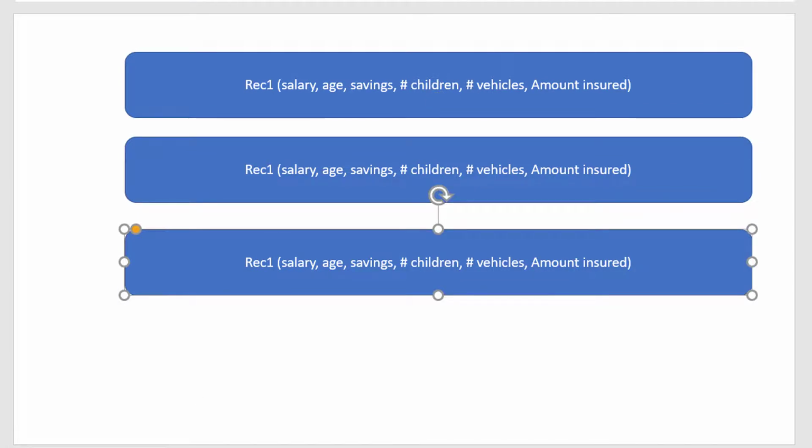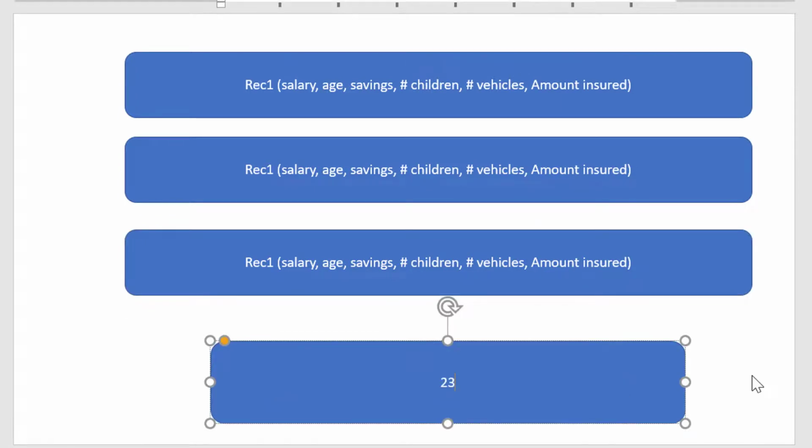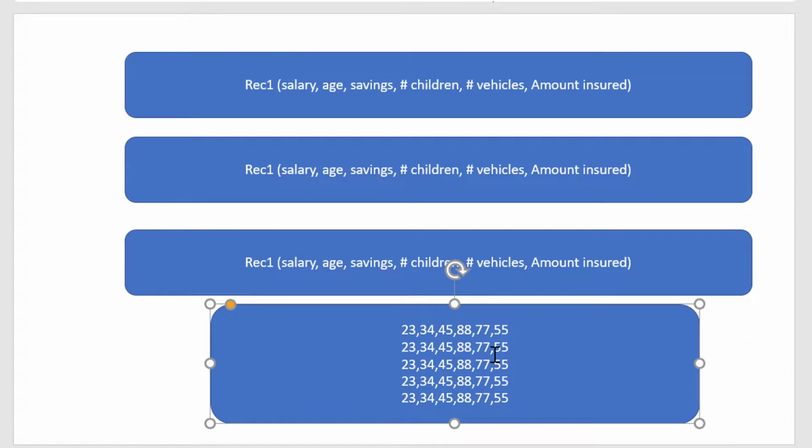So I will have a matrix with n number of records and each record will have 6 parameters. Let's assume these are the 6 parameters I have, and what that particular value is, I don't need to worry about. Like this I will have a million such records. So I will have a matrix with dimension 6 multiplied by 1 million, and all calculations will be based on this particular matrix.